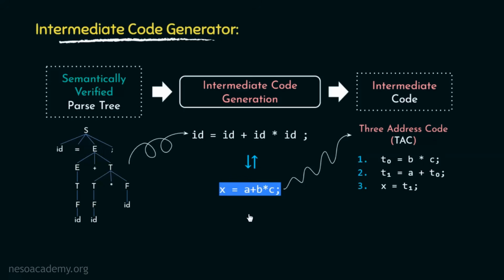Coming to the next level, the result of this is being added with this identifier, which in the expression is A. Therefore, in the intermediate code, the result of A plus T0 is being assigned to another temporary variable T1. Finally, in the last level, the result of the expression is being assigned to this identifier, which in the arithmetic expression is the variable x. So in the intermediate code, T1 is being assigned to x.